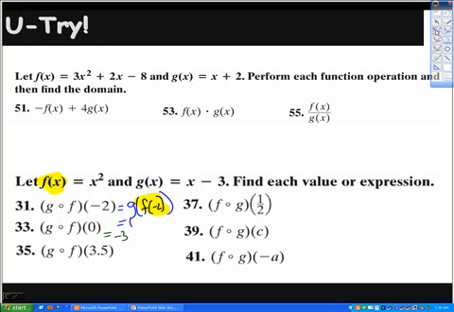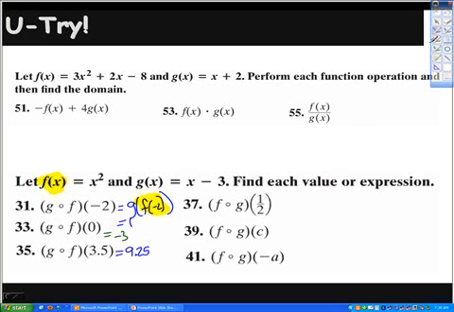Let's go ahead and look at number 35. g of f of 3.5. Well, f of 3.5, 3.5 squared is 12.25. We put that into the g function. 12.25 minus 3 should be 9.25.